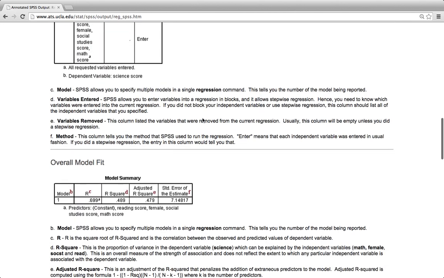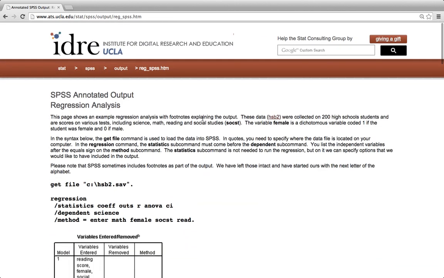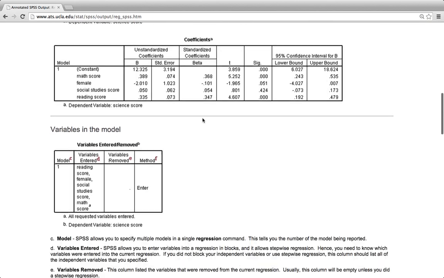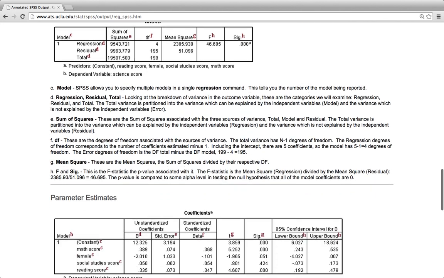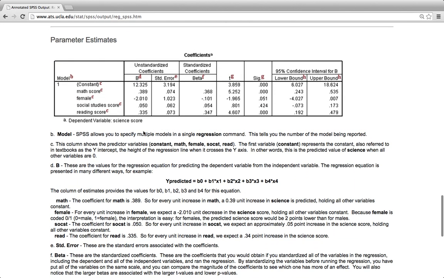And what they've done is they've run some stuff here. And actually, I think it's a he. I think I looked at that earlier. Yeah, I know it is. What he's done here is just run some regression models predicting science score from math score, gender, social studies, and reading score.